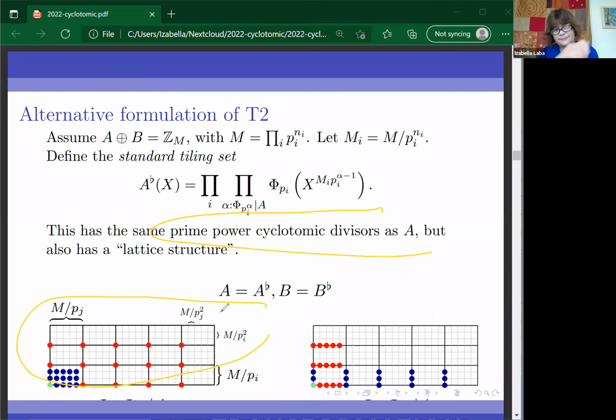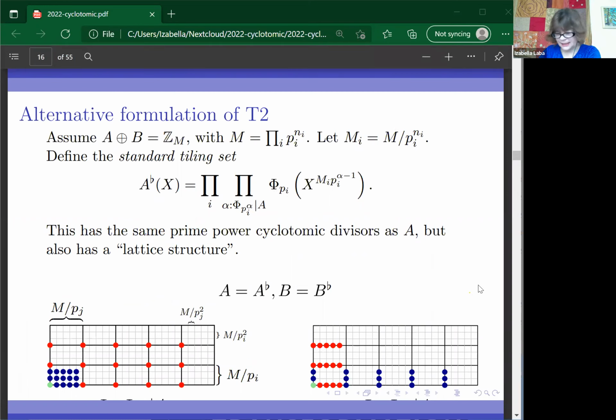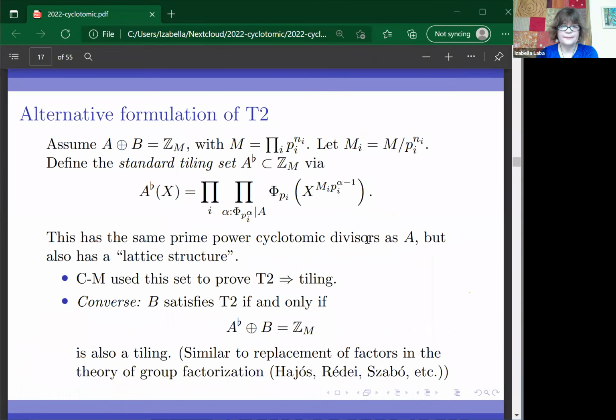So the condition T2 is saying that if B satisfies T2, then that's true if and only if I can replace its tiling complement A by the standard tiling set.